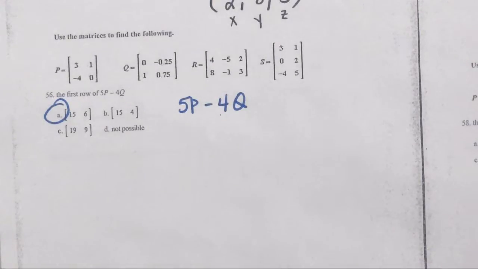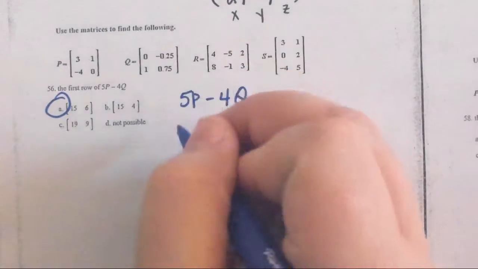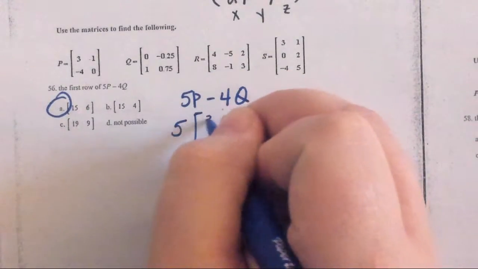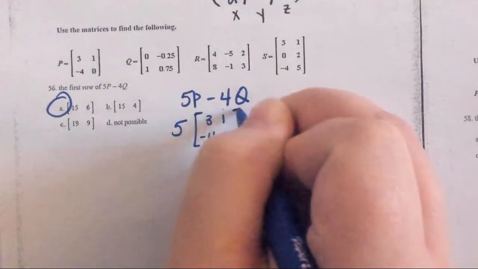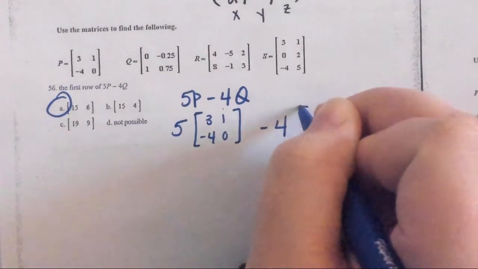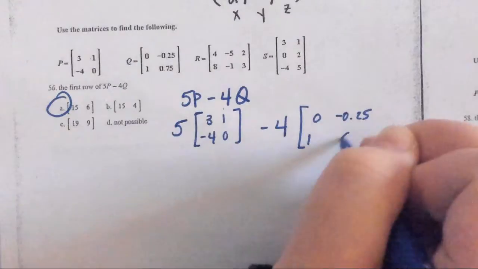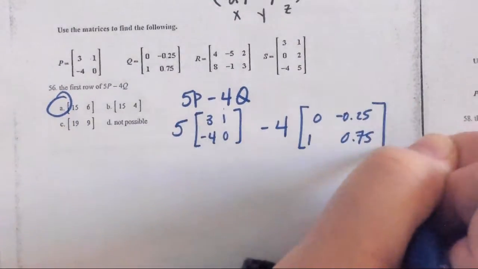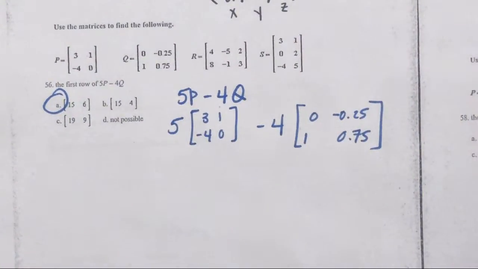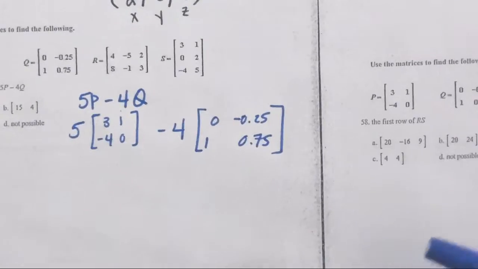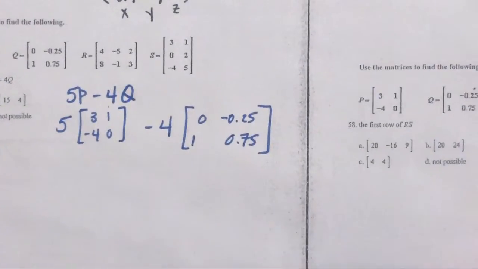Yeah, so what's the easiest thing to do with the matrix? Should I actually do this by hand? Absolutely. It would be so much easier to just put it in my calculator, make my calculator do all the work for me. 56 is A. Are there any questions about 56?